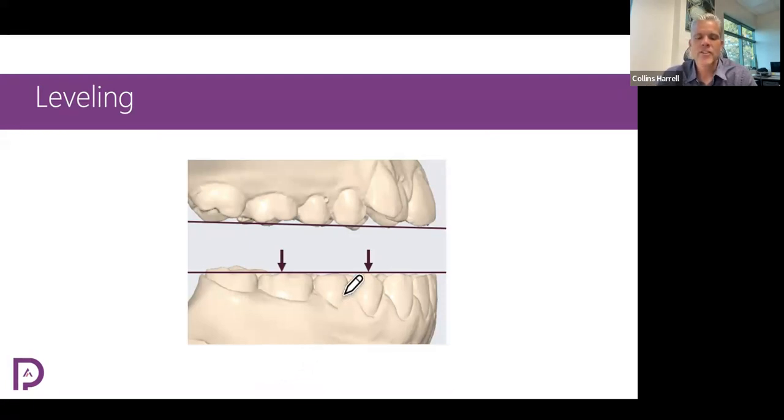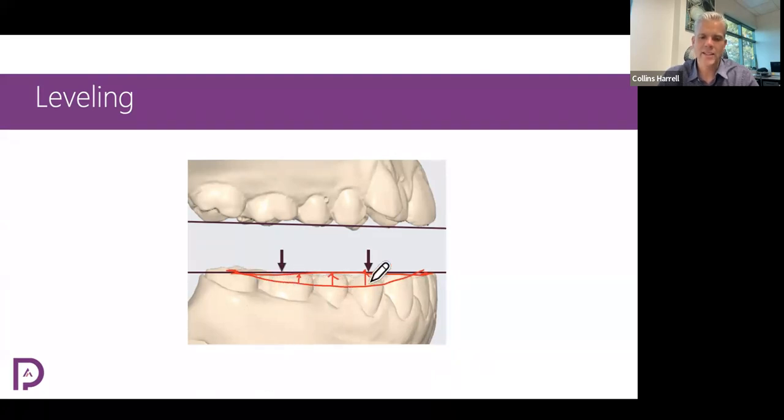Okay. And so with our brackets, typically when we had a curve of Spee, which she doesn't have much of a curve of Spee in her lower arch, but typically we level the curve of Spee with brackets because the bicuspids are extruded and the 6s are extruded to the level of the occlusal plane as determined by the incisal edges of the lower anterior teeth and the cusp tips of the 7s or the second molars.